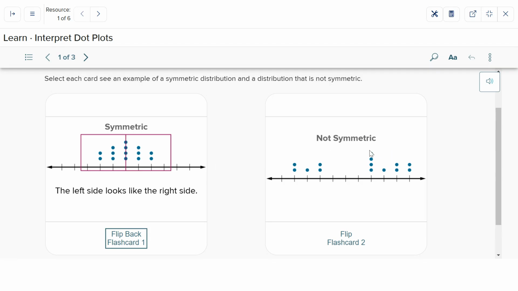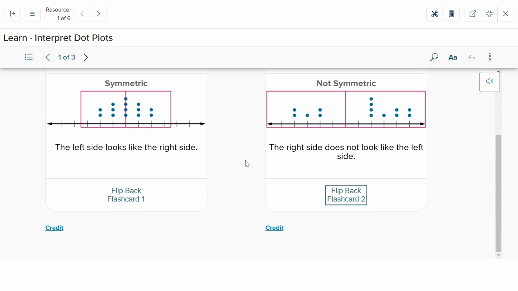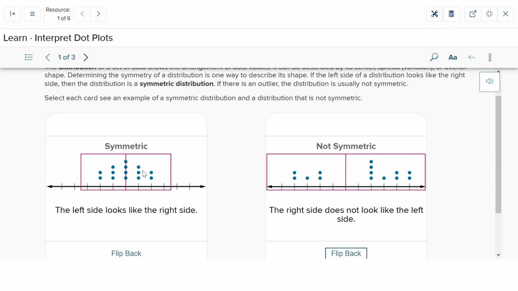Over here, this is a very obviously not symmetric dot plot because the left and the right sides do not match. If we split that straight down the middle, you'll see that we have different situations happening on the left side and the right side. So symmetric doesn't have to be perfect. It can be almost symmetric and we can still consider that to be symmetric. But it's definitely not symmetric if it is not even close.